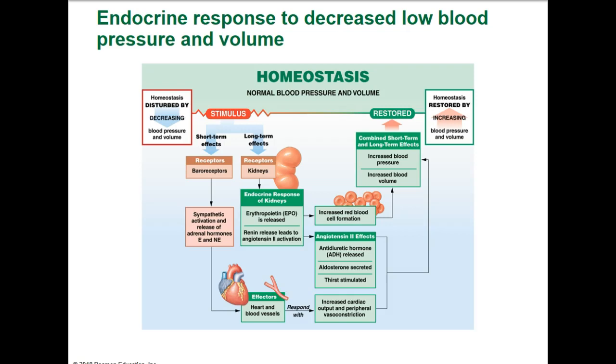And the endocrine response, erythropoietin is going to cause increased red blood cell formation. Renin is going to be released that leads to angiotensin II activation. That's going to cause antidiuretic hormone to be released and aldosterone to be secreted, and it's going to cause you to be thirsty. And those things combined will increase your blood pressure and increase your blood volume, and it brings your blood pressure and volume back up.